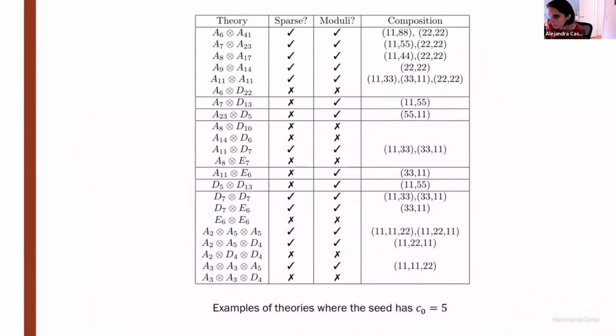These are not all the theories with the C not equal to 5, but just to have some idea of what's going on in this classification. She wrote down when the theory was sparse and when it had a moduli.